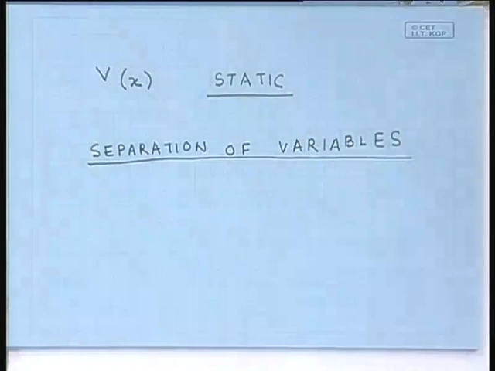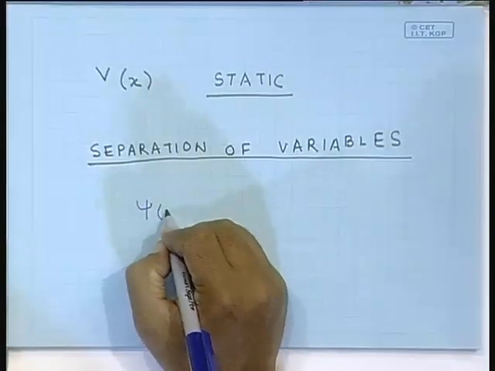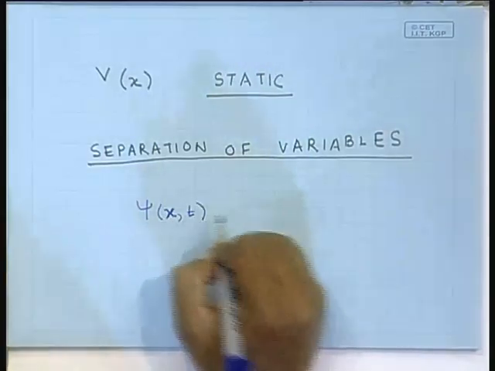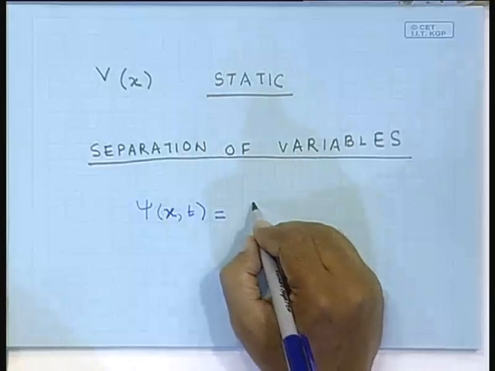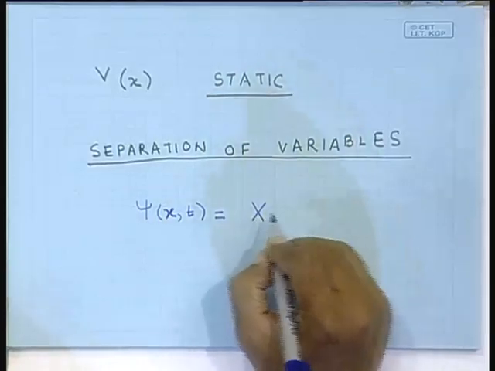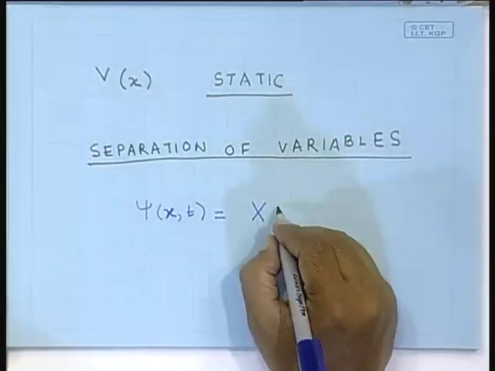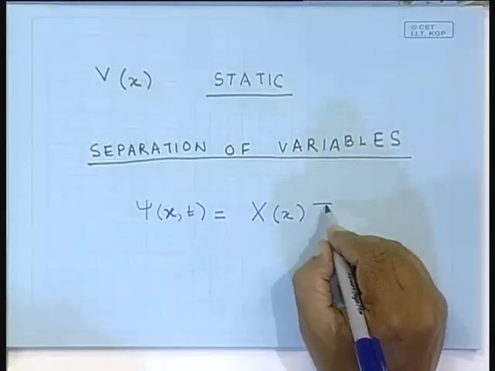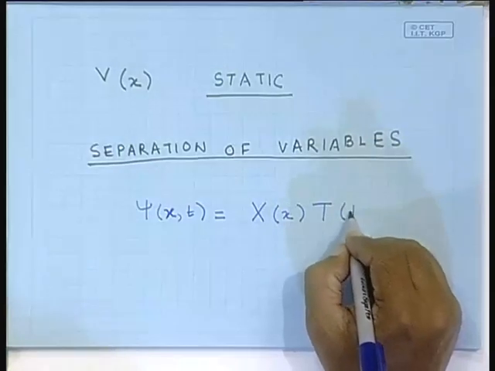Remember, we have introduced this method when we were discussing standing waves, and what you do is we will take a trial solution of the form where psi of x, t is the product of two functions, capital X, which is a function of the position alone, and capital T, which is a function of time alone.